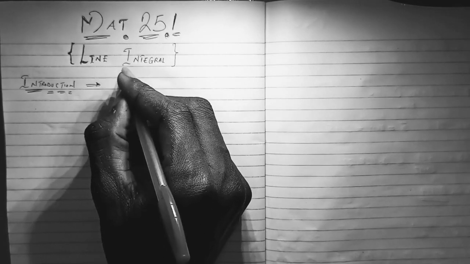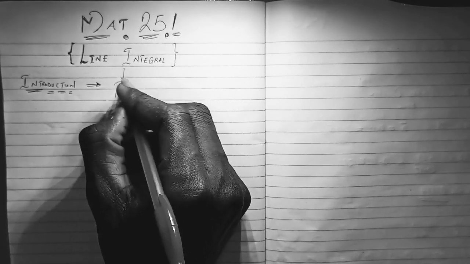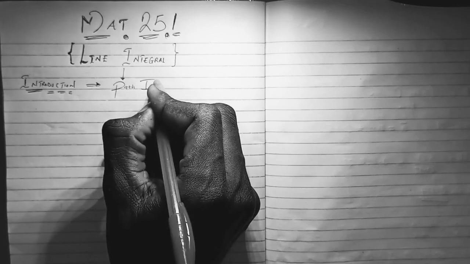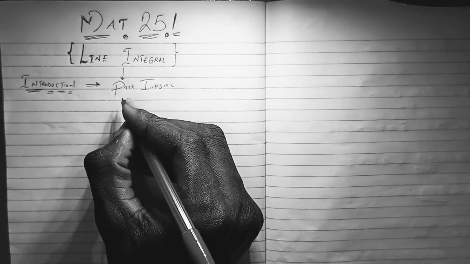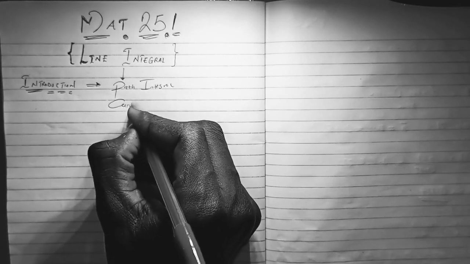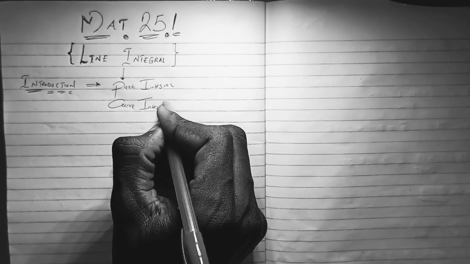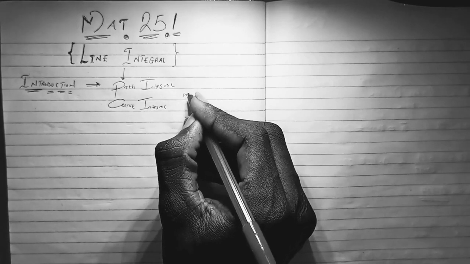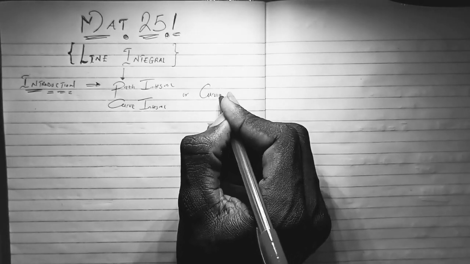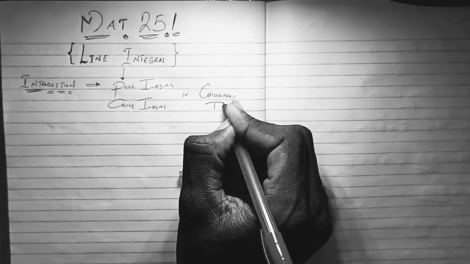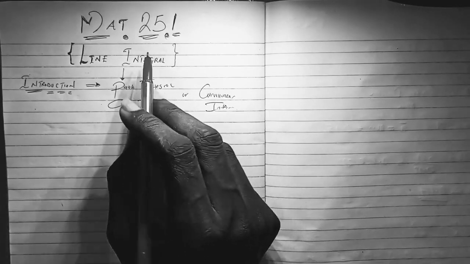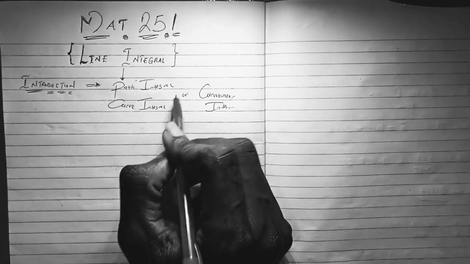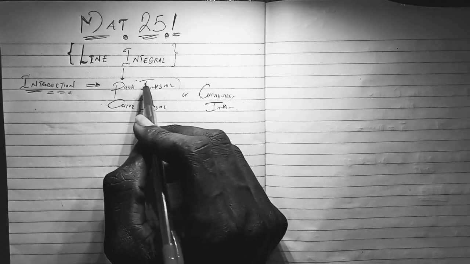A line integral can also be referred to as a path integral, and sometimes we call it a curve integral, or a curvilinear integral. So you can refer to a line integral by any of these names.